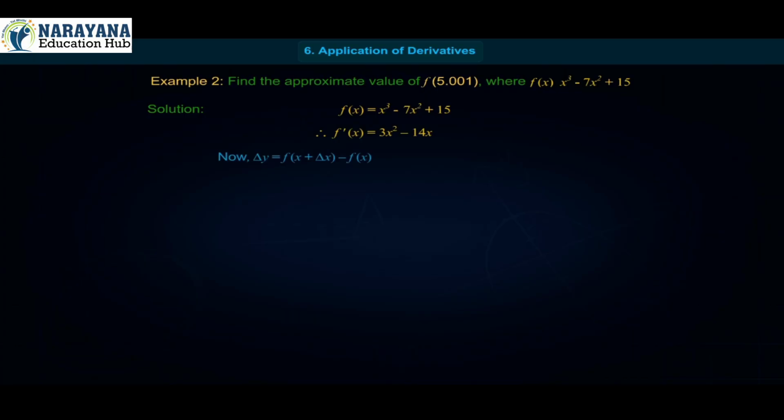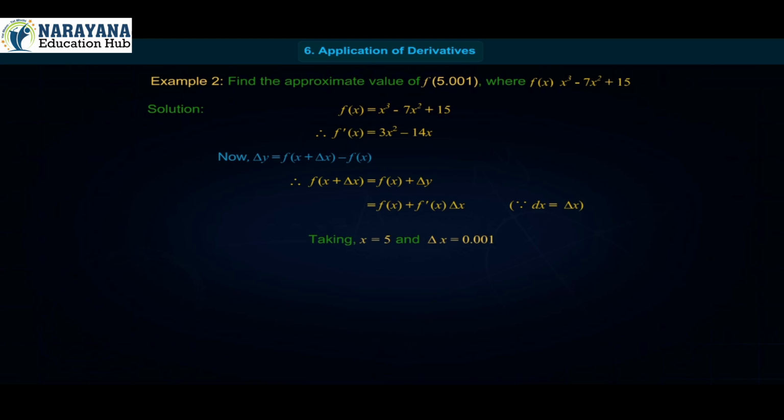Now, delta y is equal to f of x plus delta x minus f of x. Therefore, f of x plus delta x is equal to f of x plus delta y, which is f of x plus f dash of x into delta x, because dx is equal to delta x.